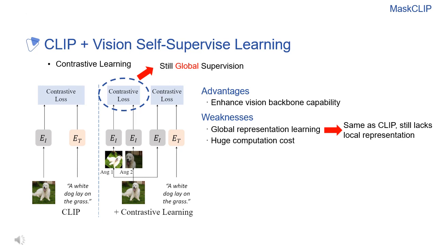First, due to the central augmentation strategy used in image contrastive learning, the model has to focus on the most salient object in the image, and its output feature is still a global representation of the image. This is the same as CLIP, and the local representation is still missed. Second, contrastive learning needs two additional forwards of the image encoder, so the computation cost is quite large and the training speed is slow.